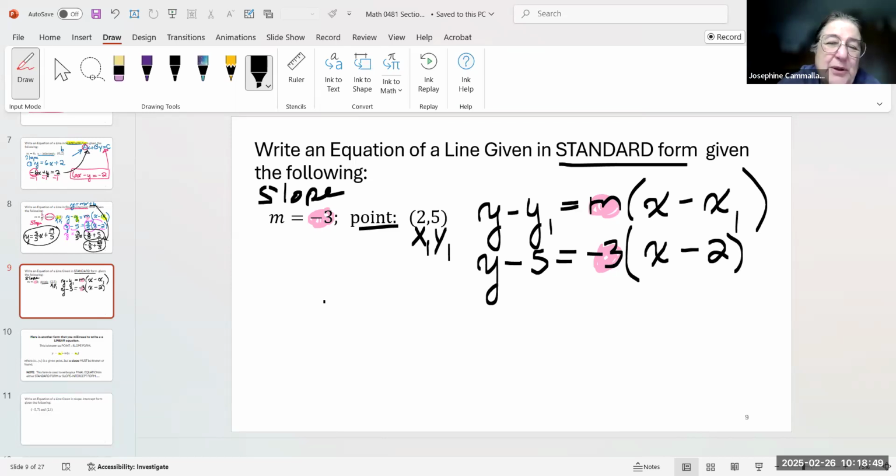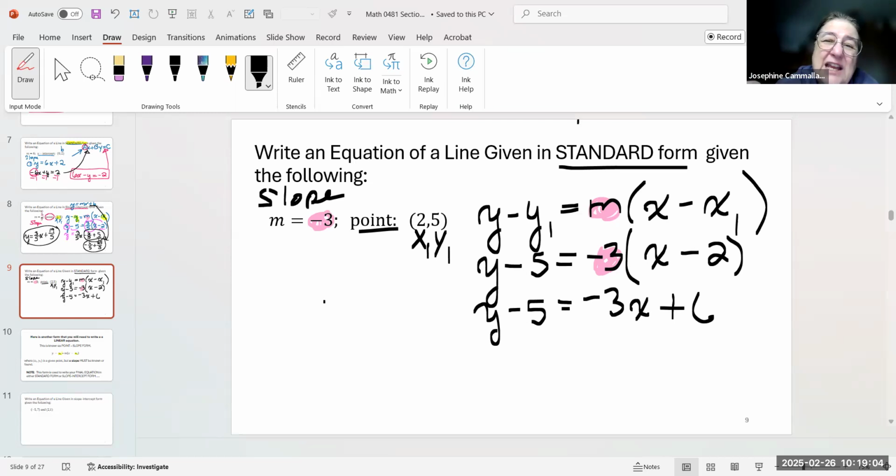Well, I've got to distribute here. This is going to give me y minus 5 is equal to negative 3x plus 6.